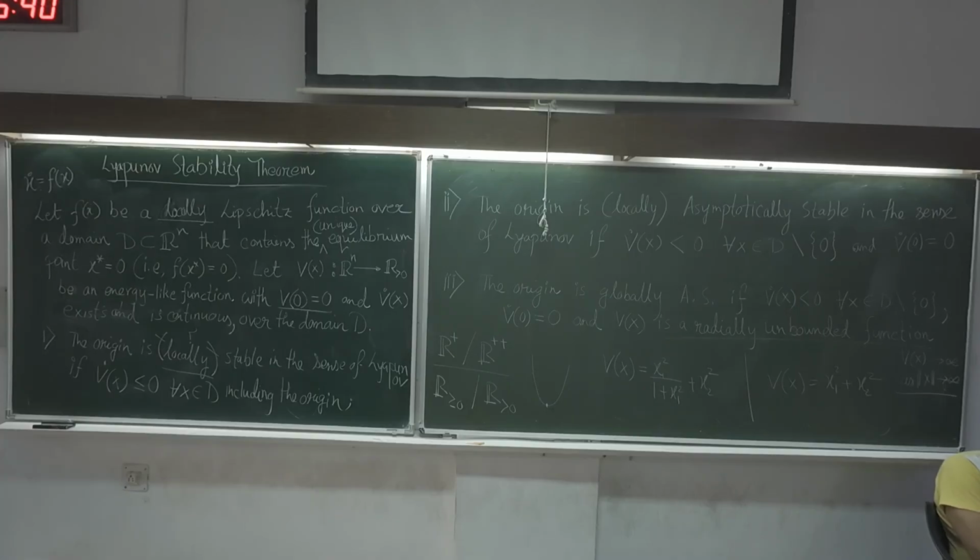That means this V function goes to infinity when all the individual x components go to infinity. If that is the condition, then it is radially unbounded. Otherwise not. So in the first case, even if the norm of x doesn't go to infinity, V(x) can go to infinity.